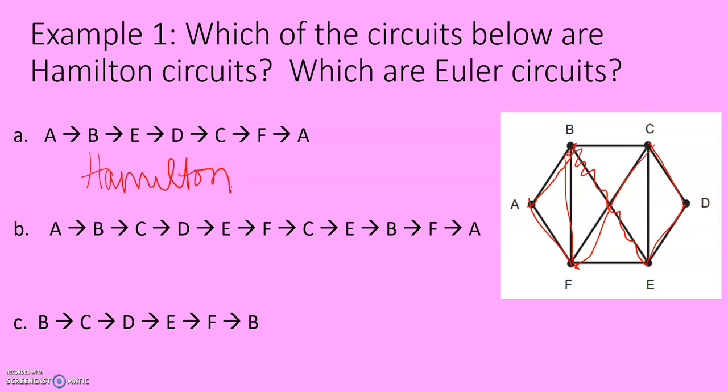We did not use every edge, so it is not an Euler circuit. Letter B, just looking at that circuit that's written, we can see that the vertices are used more than one time. So we know it is not a Hamilton circuit.